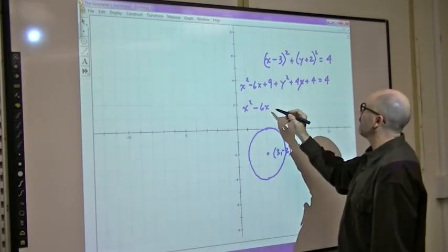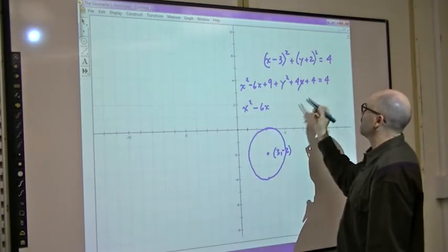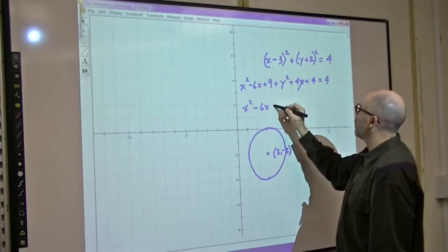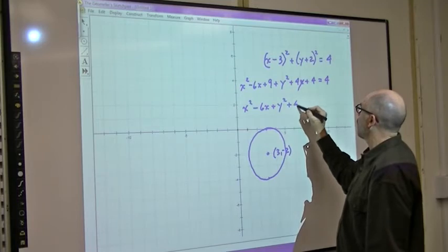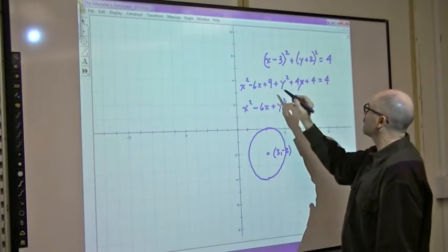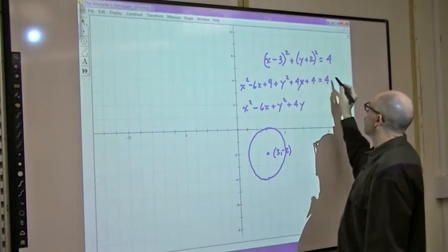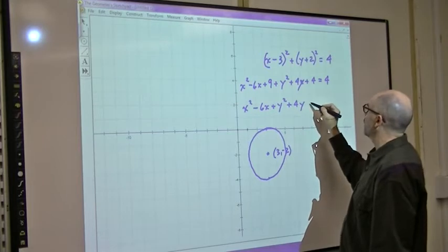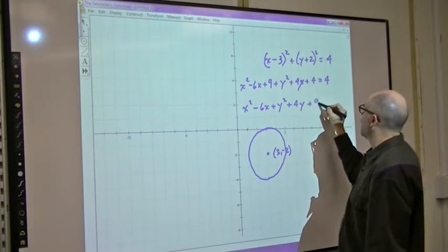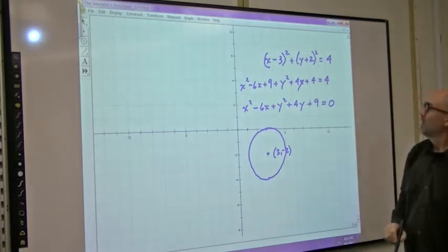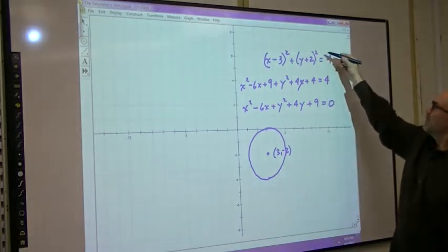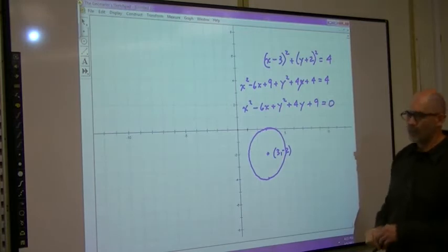So x squared minus 6x, now I'm done with the x's. Now it's time for the y's. Plus y squared plus 4y. Now it's time for the numbers. We'll subtract the 4 over here, so we have just plus 9 equals 0. So here I have standard form, here I have general form.